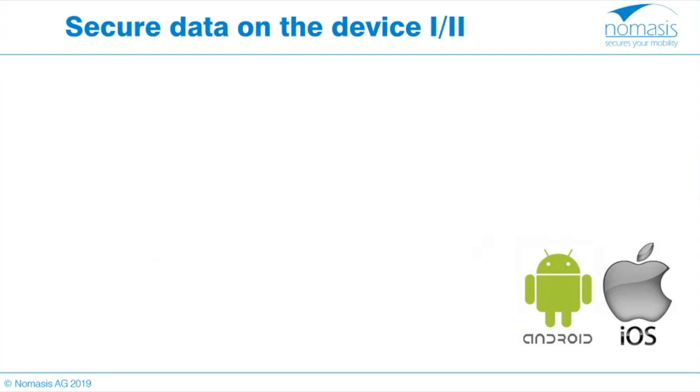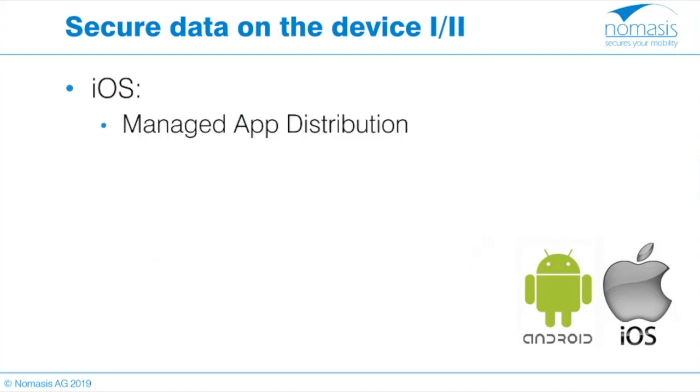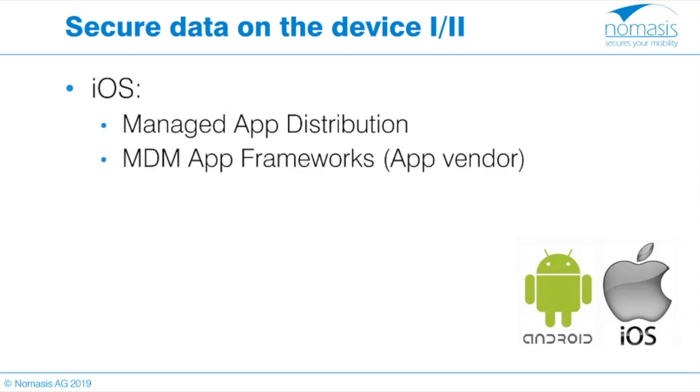Now let's have a look how we secure data on the devices. iOS and Android are a bit different here. So on iOS, of course, first step is to do a managed app distribution. That means to distribute the app via your MDM system to the device. Then sometimes you need to integrate your MDM's app frameworks.